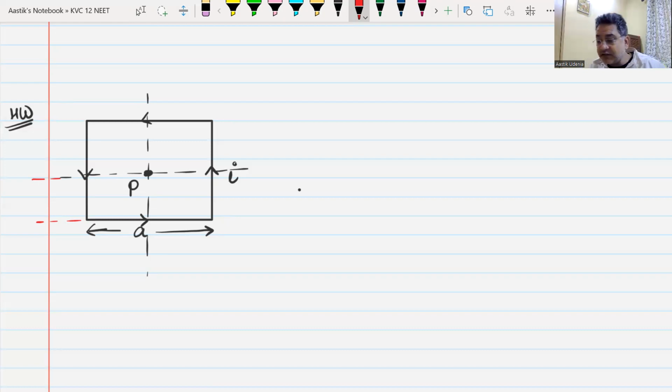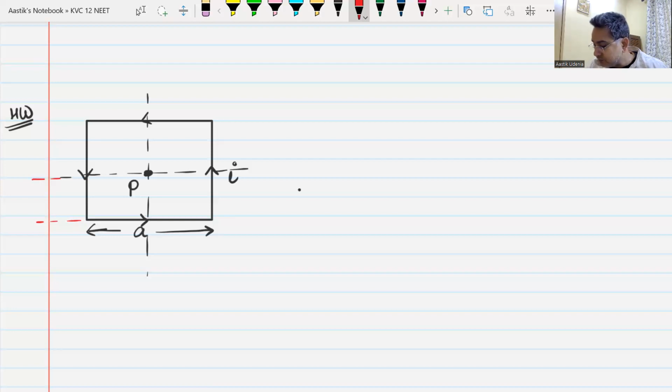No one knows the distance of the center from the side of the square.